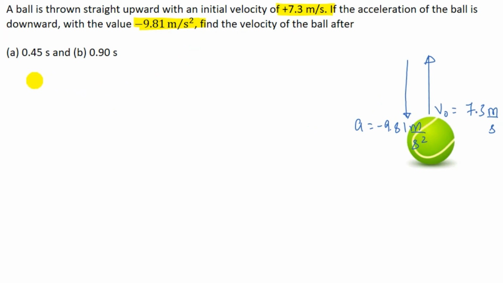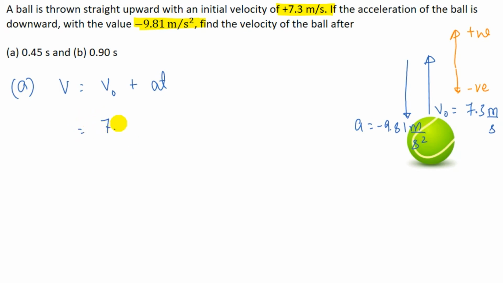So we're going to solve the A part first. Now let me show the axis also. This side we are taking the positive axis, and this is the negative side basically. Now since acceleration is constant, we can use this equation that we have derived earlier, which is v equals v naught plus at. Now the initial velocity we have 7.3, so we can put it here.